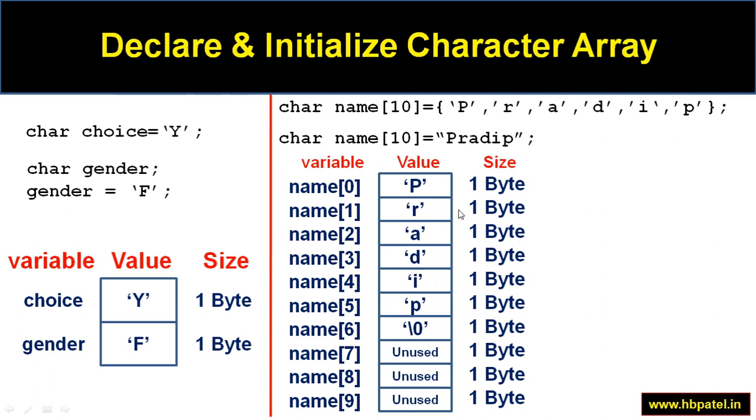In the case of a string, there is a special thing we need to understand: an extra character \0, which we call a null character, is added automatically at the end of the string. Again I repeat, a null character \0 is added automatically at the end of the string. So after P, R, A, D, I, P, an extra null character is added, and the other locations, in this case the last 3 locations, remain unused.